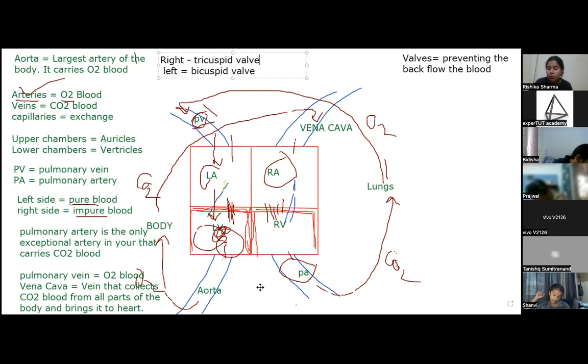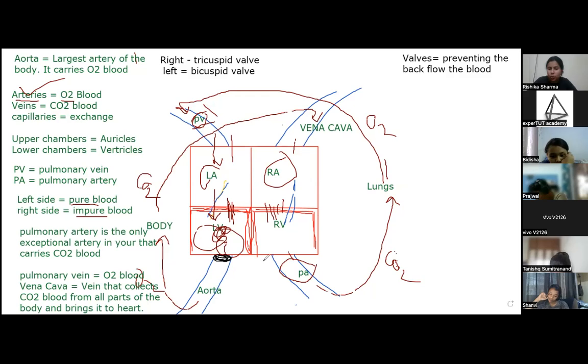The upper body and the lower body thing is not related to the valves. They are related to your aorta and vena cava. Okay, so we will be discussing that also. Since we are talking about the valves, we have discussed the valves between the auricles and ventricles. Now there is one more valve, between, just a second, your aorta and your left ventricle.